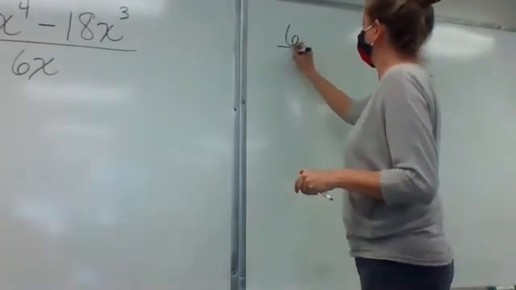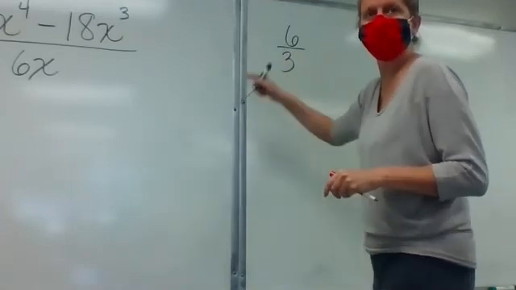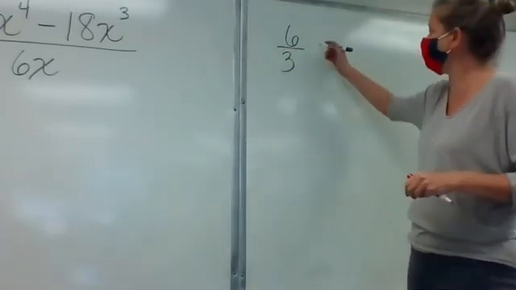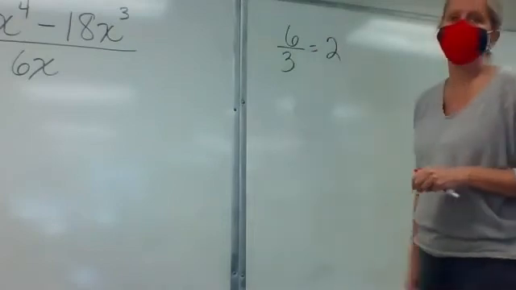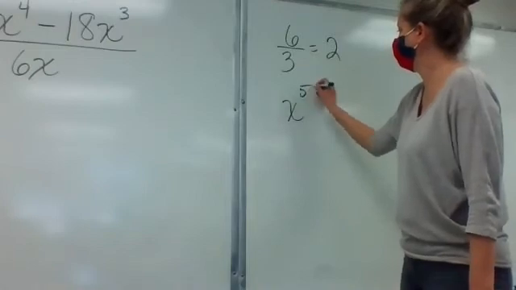This fraction bar means divided by, right? That's what a fraction bar means. The top divided by the bottom. So 6 divided by 3 would give me 2. What about the exponent rule?